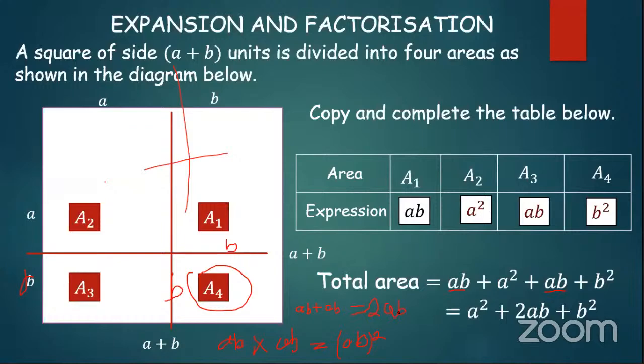Okay. So when we proceed, we have a squared plus 2ab plus b squared.